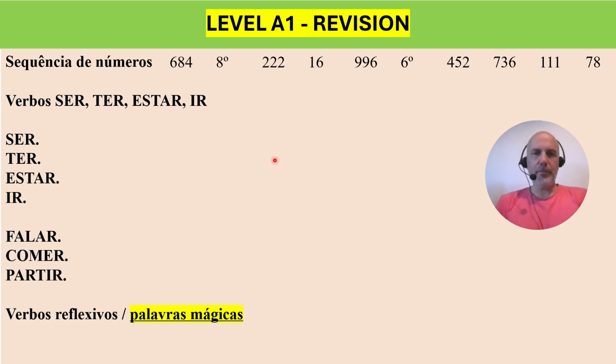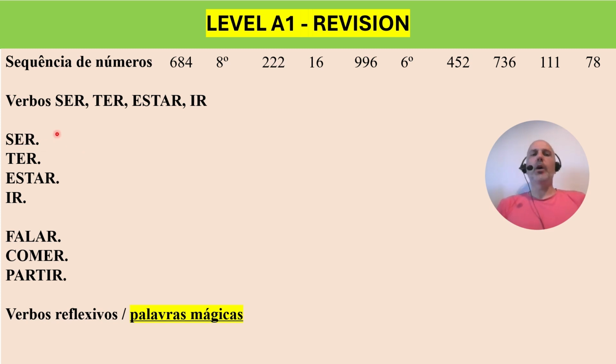Now it's time for us to check how to conjugate the verbs ser, ter, estar, and ir. So you know, if you did level A1 with me, I said dozens of times or hundreds of times that you really have to know how to conjugate these 4 irregular verbs. And I'm going to start with the present tense, okay?